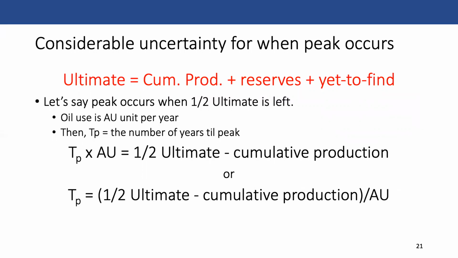If we assume that peak oil happens when there's 50% left, then the peak oil year is one half of the ultimate minus cumulative production, divided by annual usage. That's what AU stands for, annual usage. So basically, this is how much we have, and this is how much we consume every year. We can figure out the year in which peak oil happens based off of the total amount.